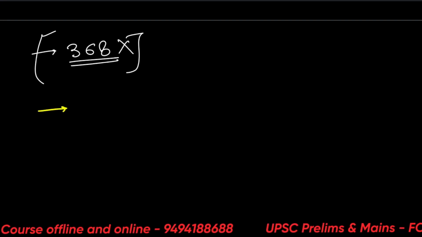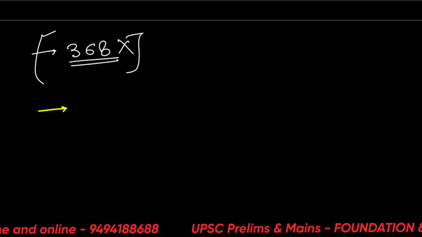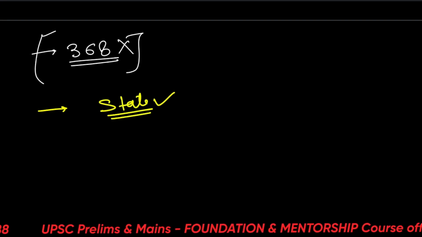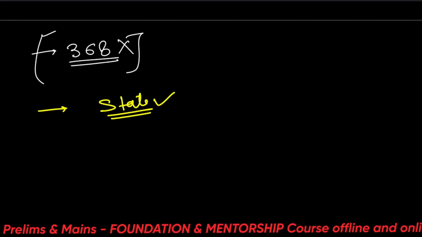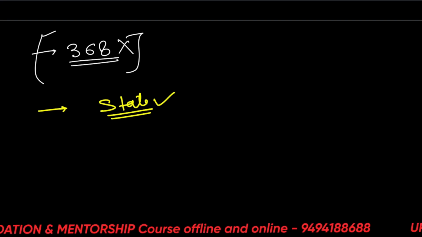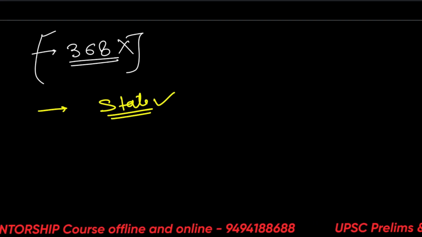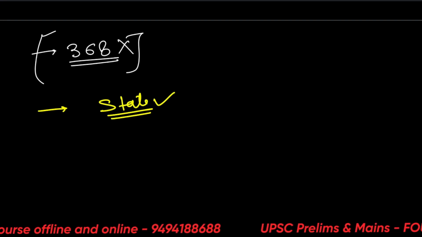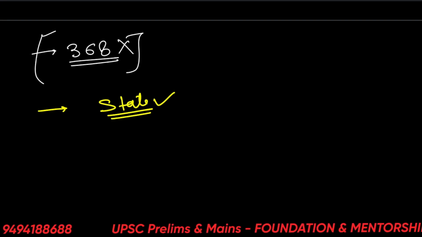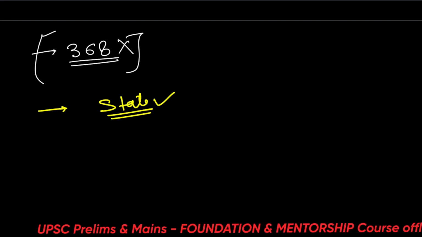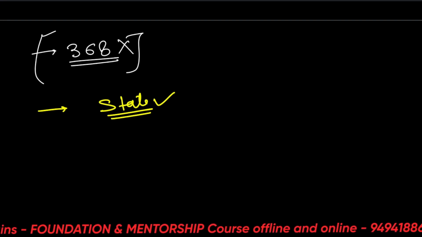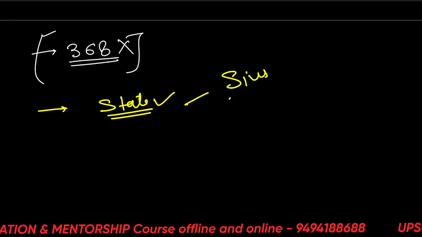So one is the admission or formation of new states, alteration of areas, boundaries, names of existing states, abolition or creation of legislative councils, second schedule related provisions, quorum in parliament, salaries, allowances, rules of procedure in parliament, use of English language, number of puisne judges, conferring more power to Supreme Court, citizenship, election, fifth and sixth schedule. So these are the ones which can be passed by the simple majority.